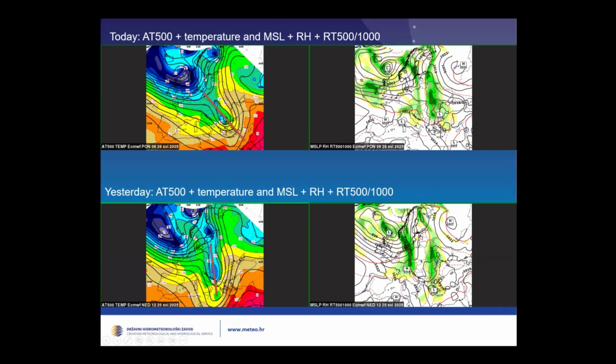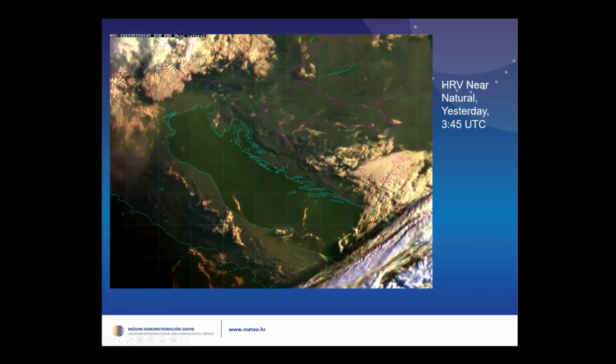And you can see that the frontal systems, the one is a bit to the west, all the way from Iceland towards Croatia and the Alps, and the other system that is still here today is over the eastern part of Europe.